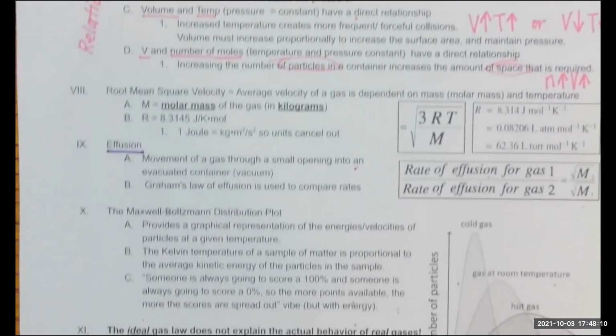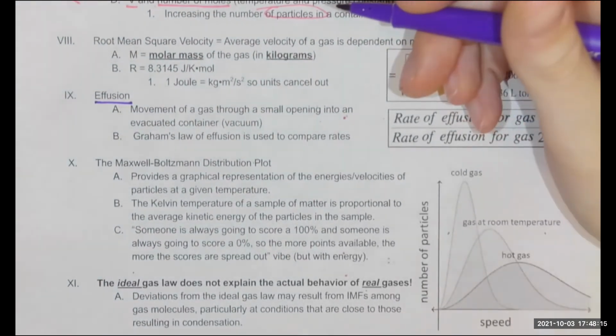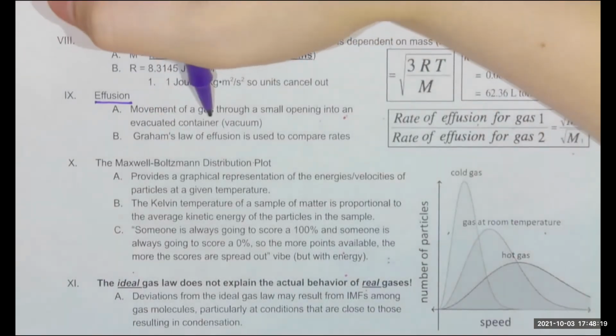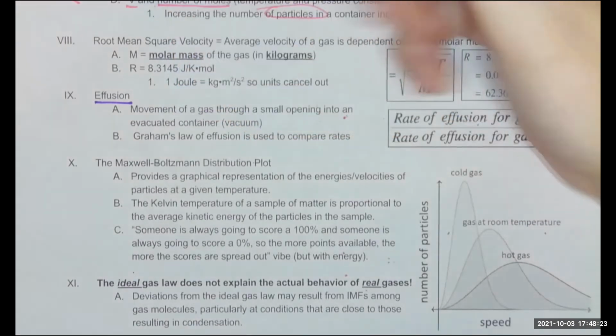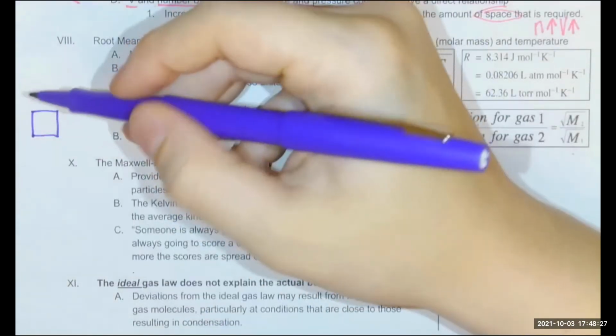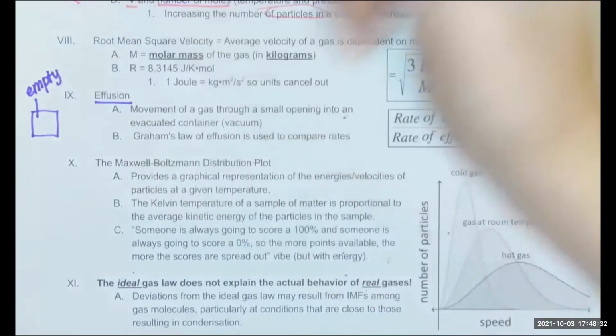And this is how they measure the speed of a gas. Basically, you are measuring the movement of the gas through a small opening into an evacuated container. So you have an empty container with nothing in it, just empty space, absolutely no particles in it. It's a vacuum.